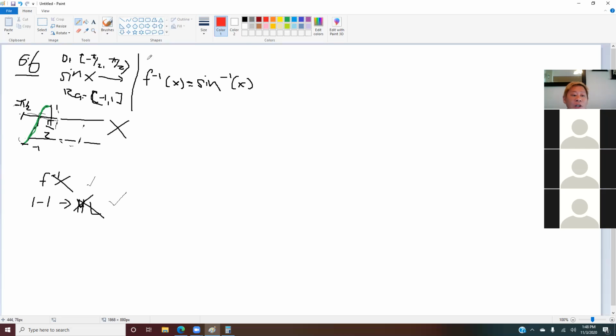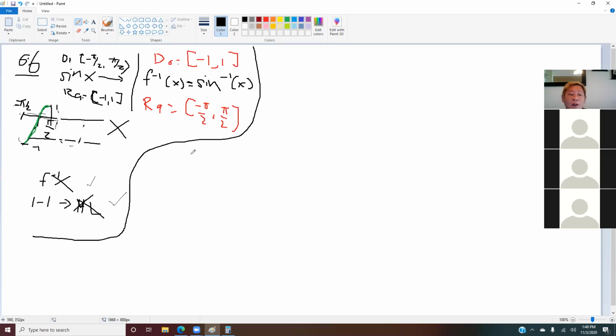In the inverse function, the domain and range are flipped. That means your domain will be negative 1 to 1, and your range will be negative pi over 2 to pi over 2. This is very important, the basics of the inverse function for trigonometric functions.